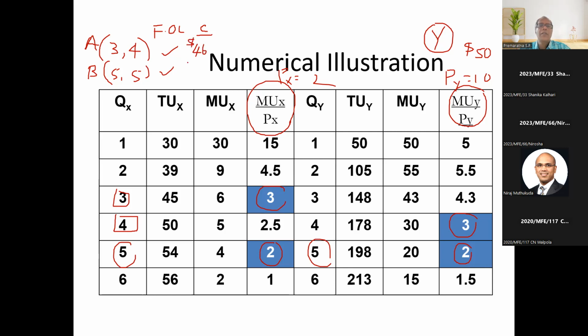Basket B costs $10 here, $50 here, so $60. But in your hand, you have $50. In that way, you have to settle for basket A. So you decide to buy basket A, because basket B is not affordable with the budget, the income.